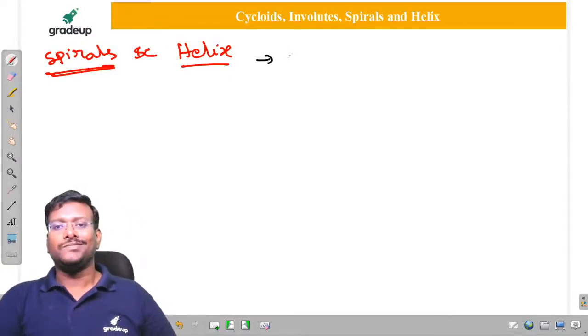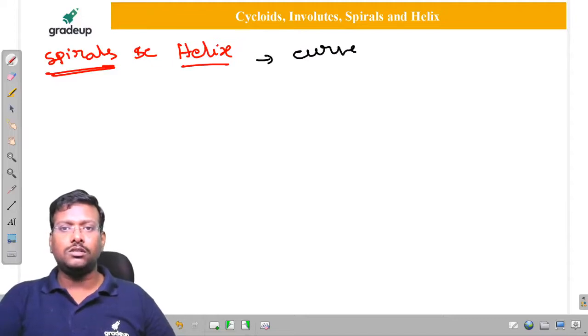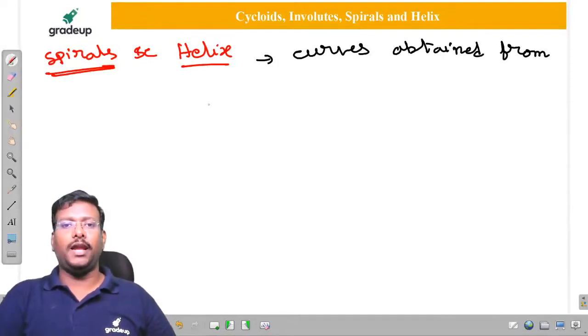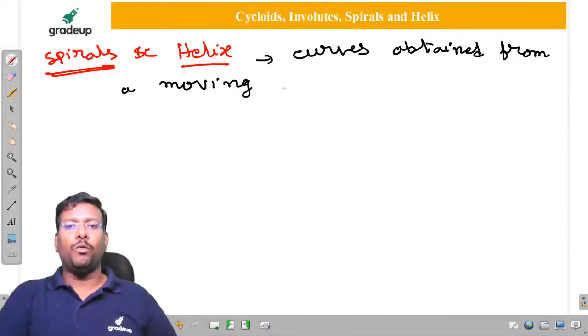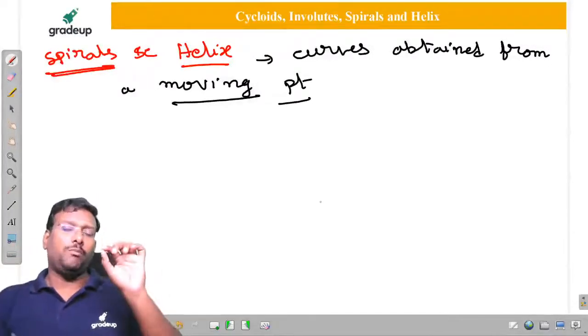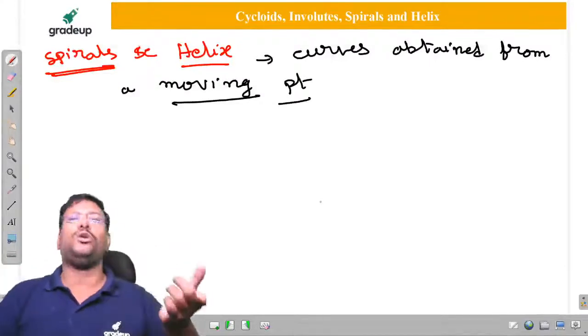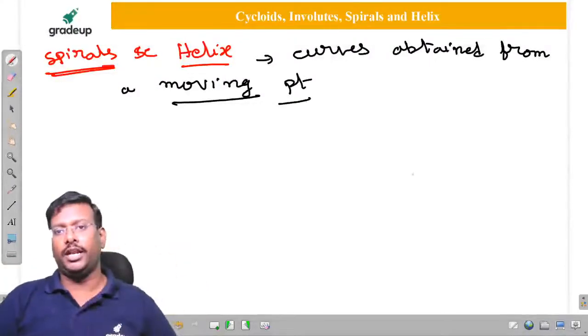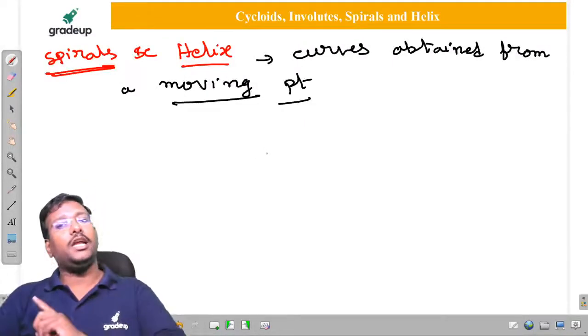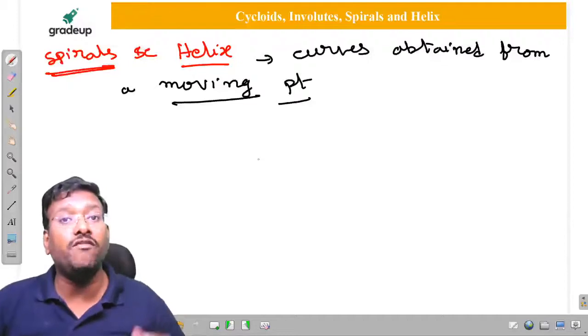In the previous case, the point is fixed on the curve, and the curve is rotating, whereas here the point is not static, it is moving. Where is it moving, sir?